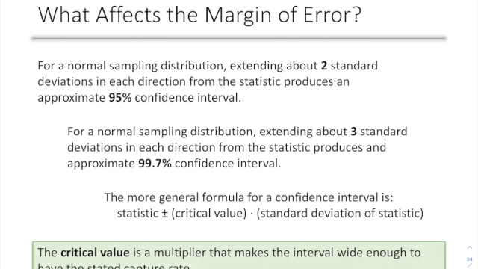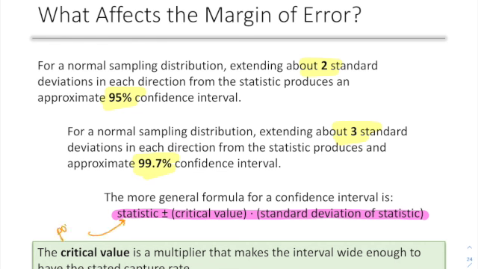So for a normal distribution extending about 2 standard deviations, remember we were talking about 95%. About 3 standard deviations is approximately 99.7%. So a more general formula, and this is actually on your formula sheet verbatim, the more general formula for a confidence interval is your statistic plus or minus the critical value times the standard deviation of a statistic.